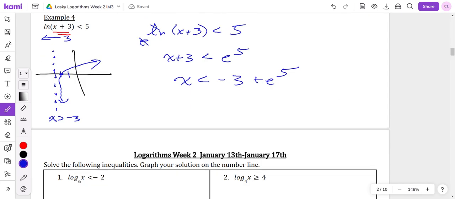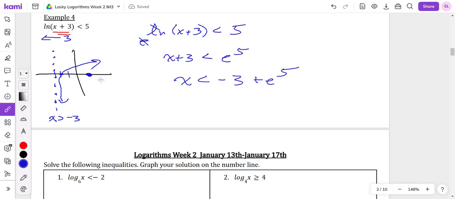So now I've got this idea that this one is over here somewhere. If you go 3 to the 5th power, it's actually way out here. Because remember, e is 2.71, and if you do 3 to the 5th power in your calculator, that's going to be like 243.